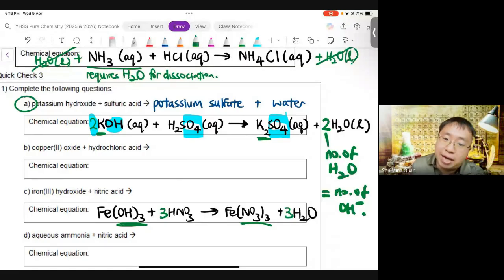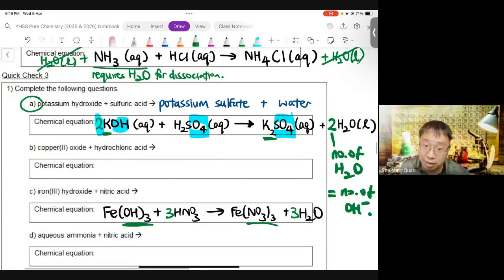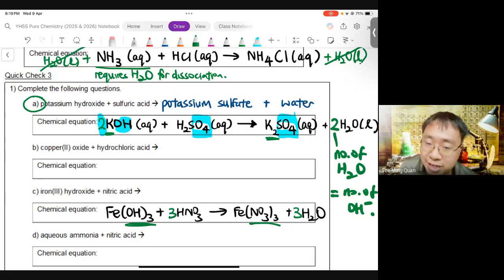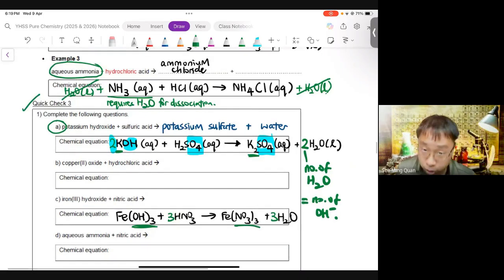All right, so may I encourage you to do quick check 3, and also, if you have done the SLS, you would have done acid plus carbonate as well, right? So acid plus carbonate is the next reaction, which will be covered on page 11 and 12, for which there's a ton of questions to be done. So can I please assign quick check 3 for you to do as homework, do everything?